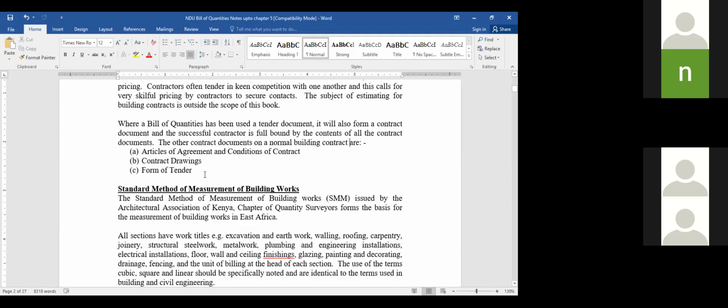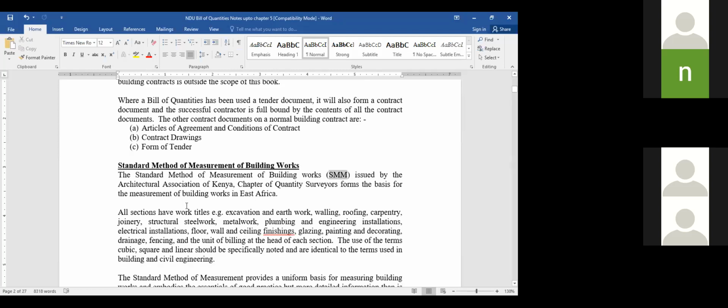Okay, so in our measurement of building works, we use the standard method of measurement of building works, SMM, issued by the Architectural Association of Kenya.